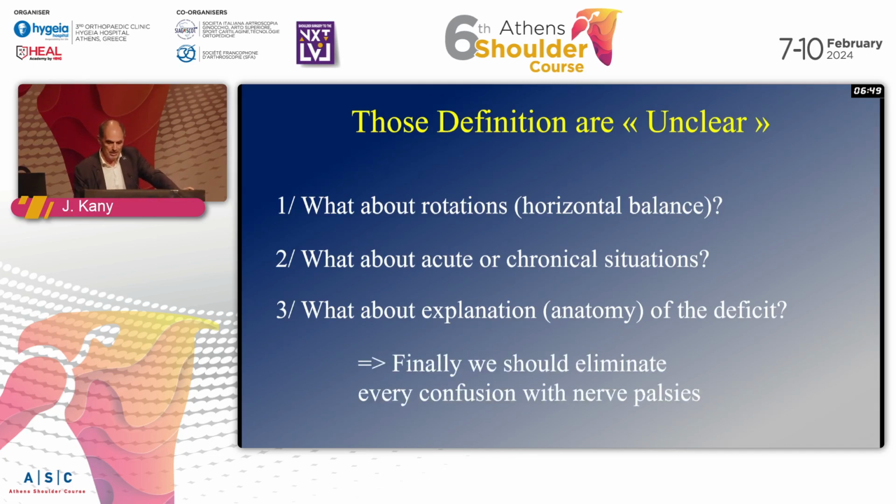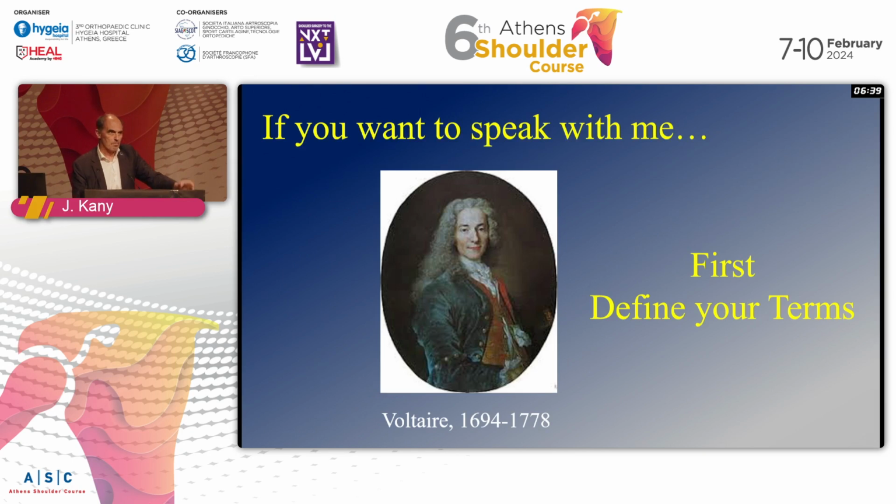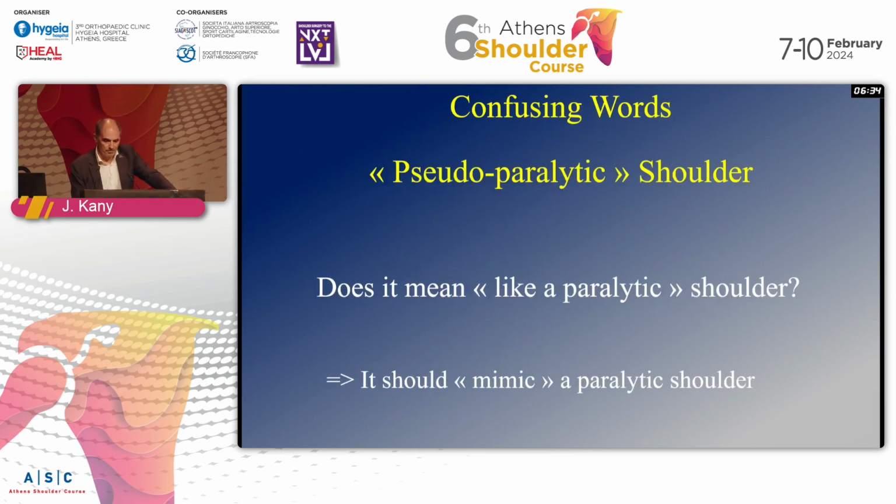And I think, finally, we should eliminate this word because there is confusion with the nerve palsy. Pseudoparalytic means like a paralytic shoulder. But if you talk about pseudoparalytic shoulder, that means it should mimic a paralytic shoulder.